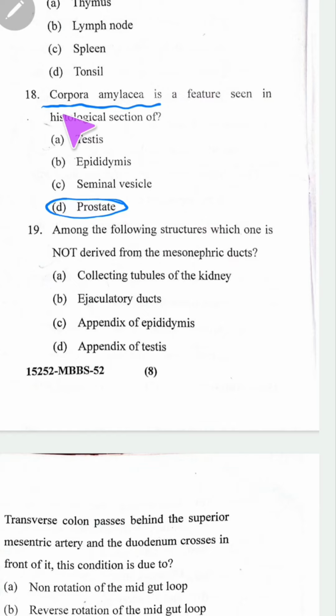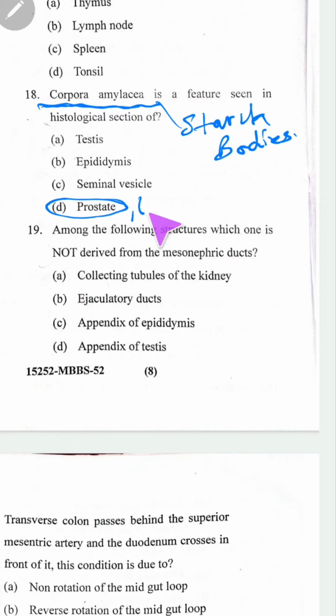And this is also called starch bodies. This is not exactly a feature only of prostate; you may even find it in lungs, and you may also find it in brain sometimes.